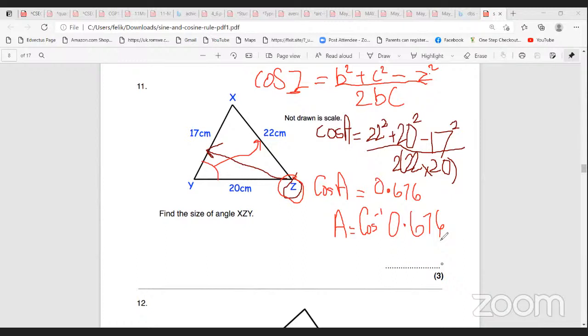Yes, miss. All right, so that's cos inverse.